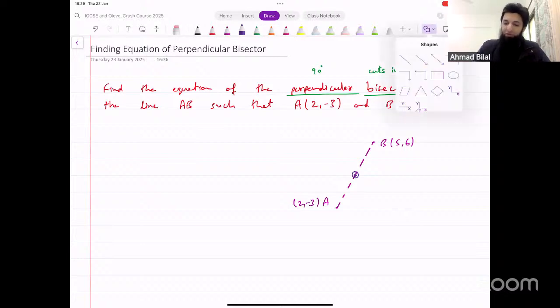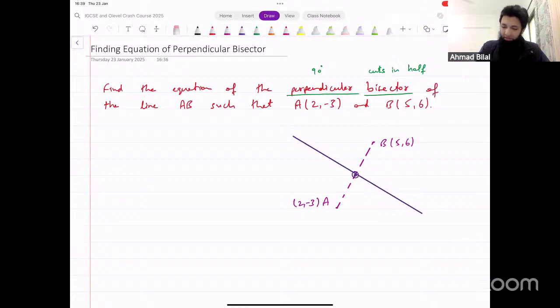And it should be perpendicular to AB. So it would look something like this, such that the angle that it makes with AB is 90 degrees. And you can say this angle here is 90 degrees. This is the perpendicular bisector. We want to find the equation of this perpendicular bisector.